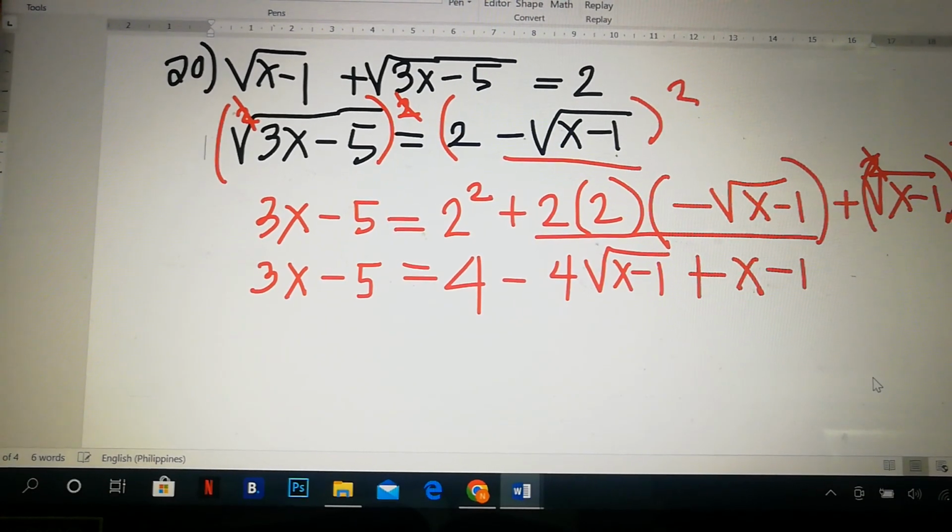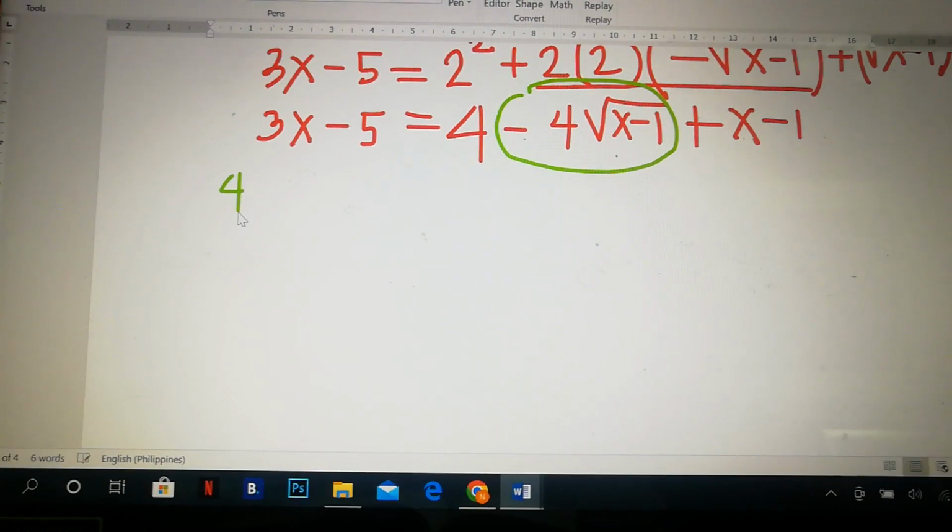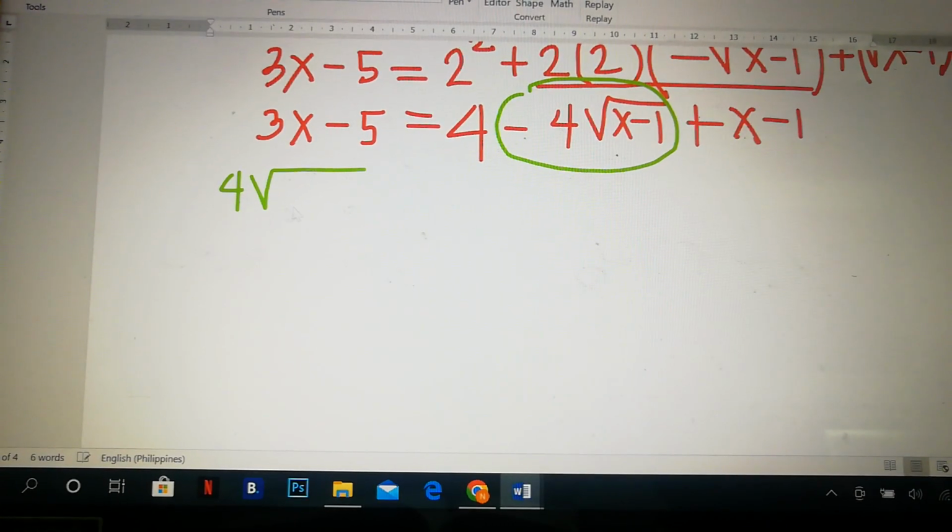Okay. Next is we transpose this expression to the left side. So that is now equal to 4 square root of x minus 1. So it becomes positive, which is now equal to negative 3x.